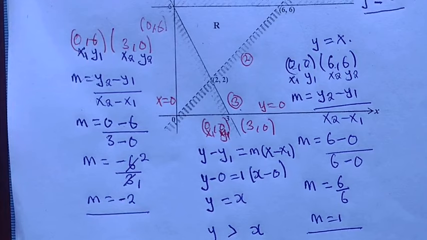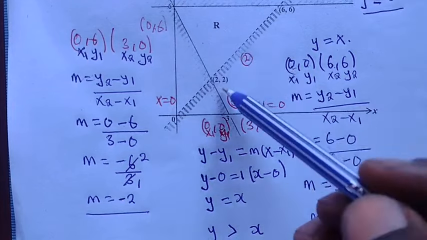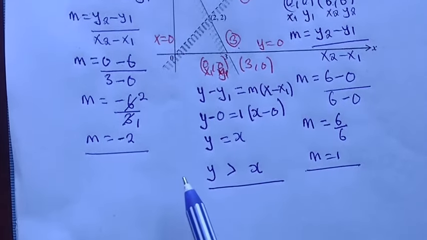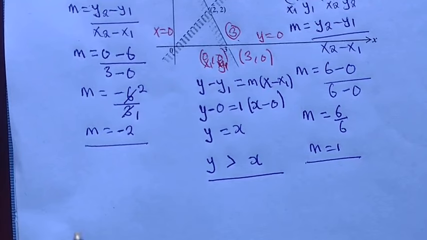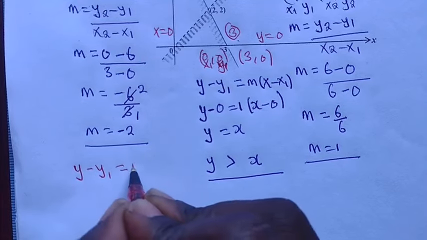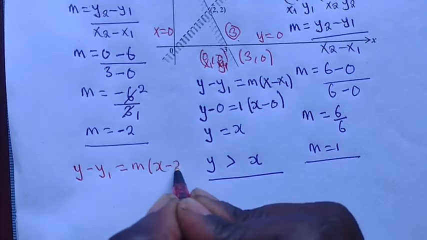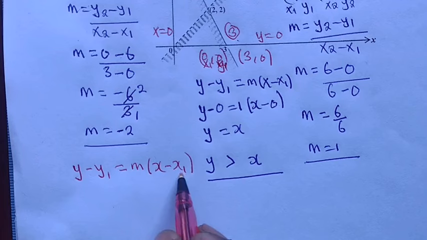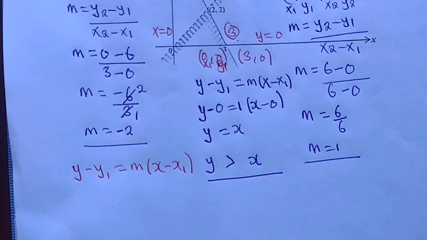So upon finding the gradient of this line, we can now find the equation of the straight line using this gradient. We are going to use our formula, which is y minus y1 equal to m, open bracket, x minus x1. Here we just substitute y1, x1 and the gradient.